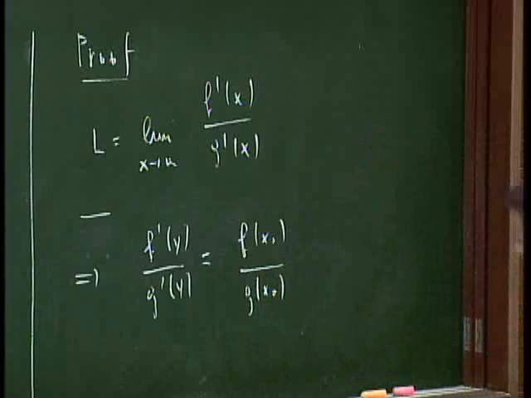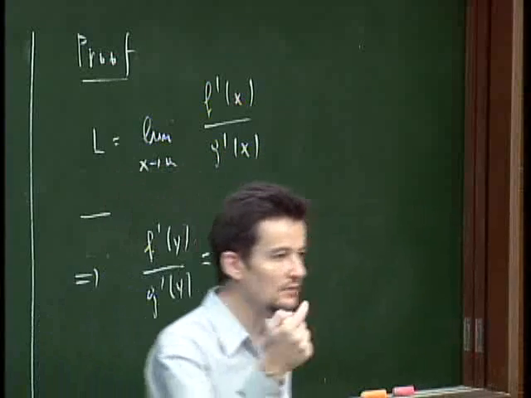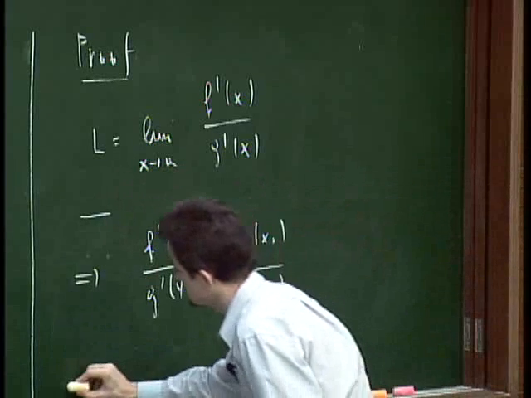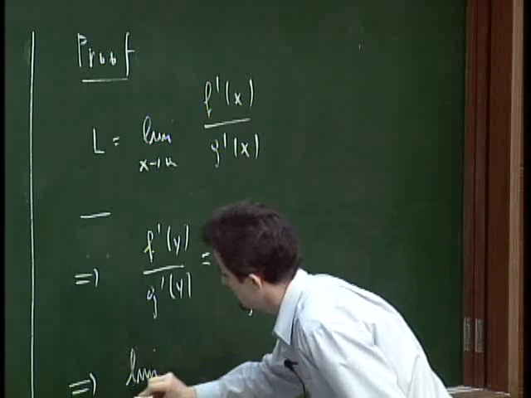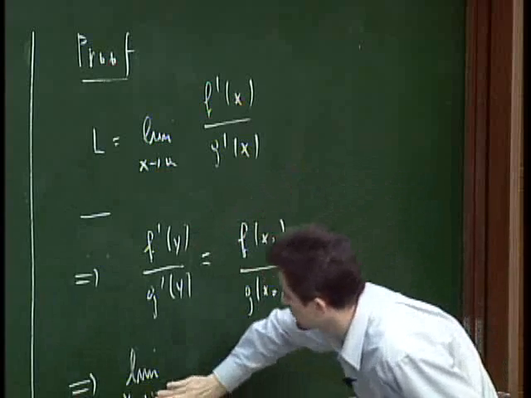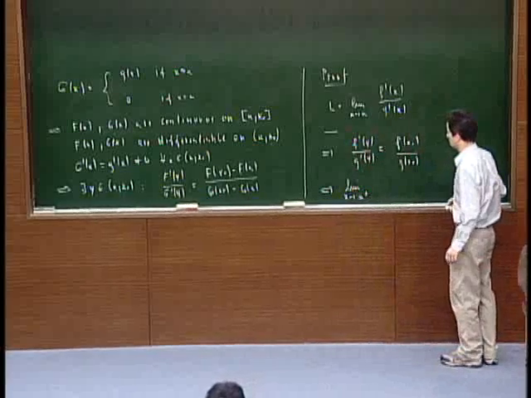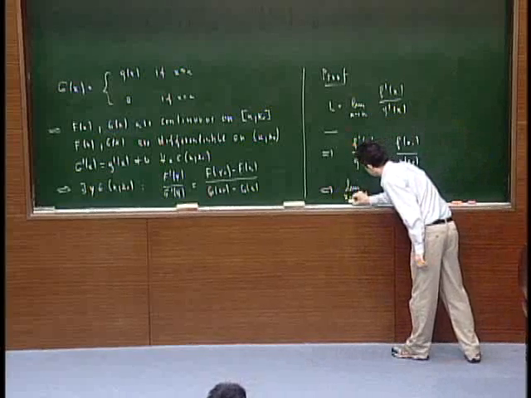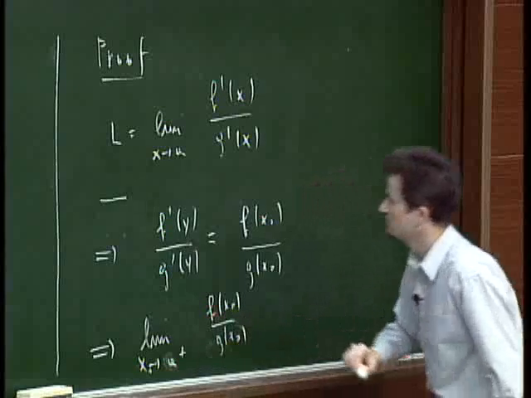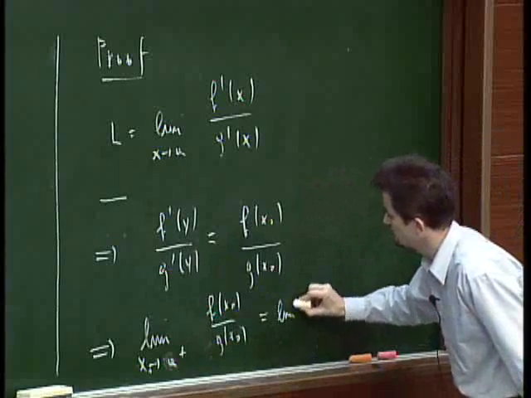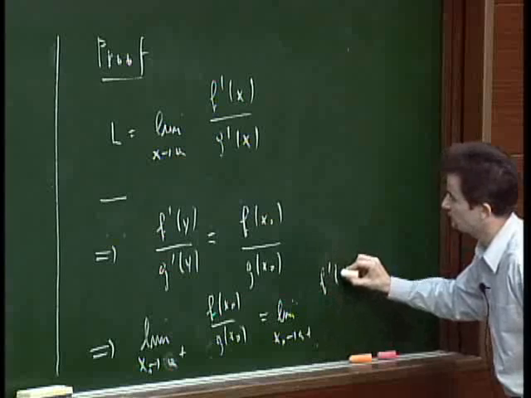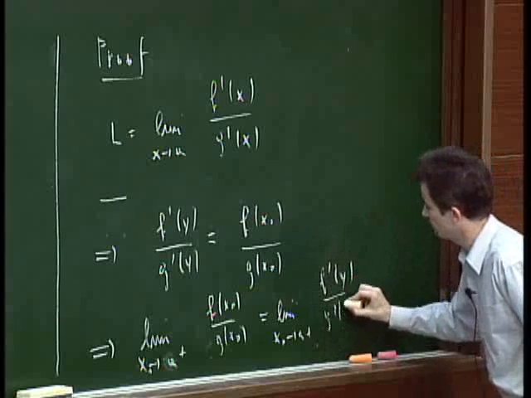And now let x0 tend to a, and we are approaching a from the right. So you see that the limit as x approaches a from the right, so let's call it x0, of f of x0 over g of x0 must be equal to the limit as x0 approaches a from the right of the derivative of f at y over the derivative of g at y.